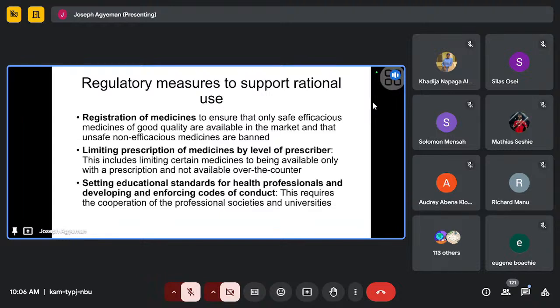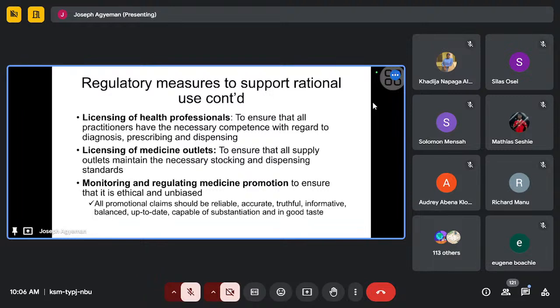Giving the wrong information, giving the wrong drug, giving unwholesome medications to patients in your absence. All of these things can happen. And therefore, as part of the standards of Pharmacy Council, the pharmacist is supposed to be on the premises. All these are regulatory issues that can help promote rational use of medicines.